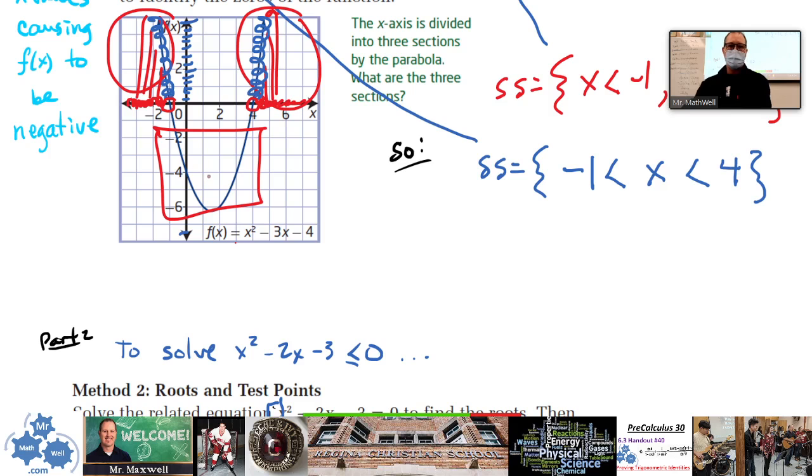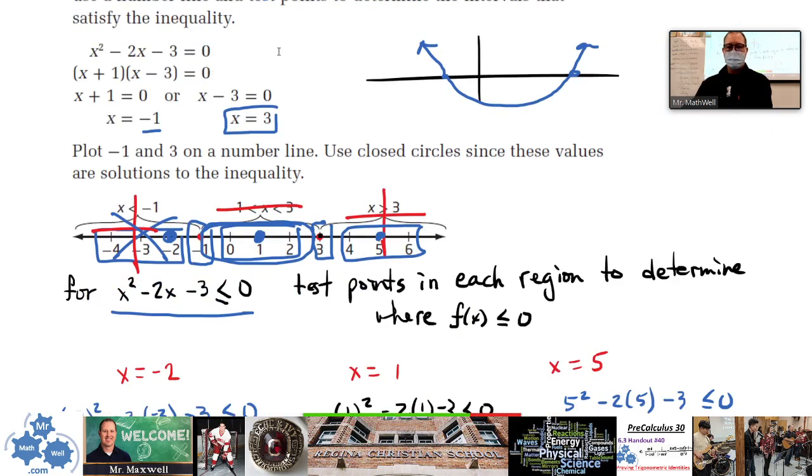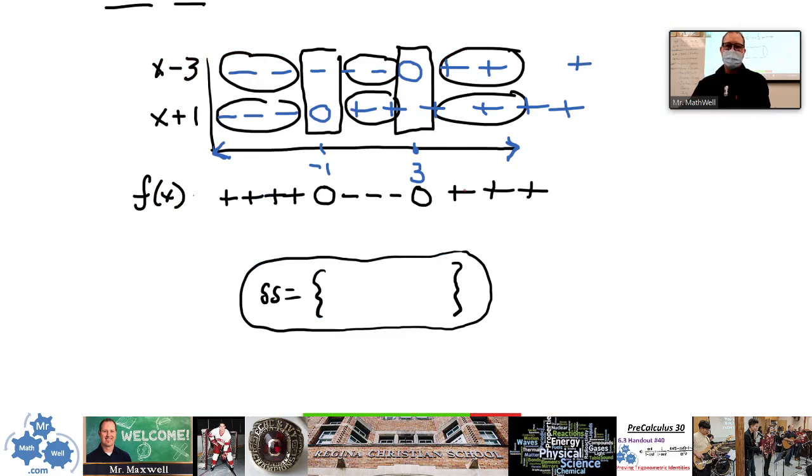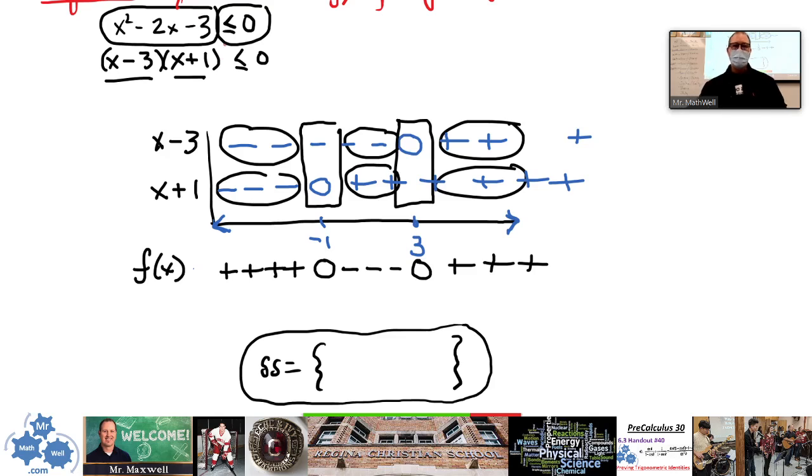So that's matching up on the sign analysis as well. So the solution set, where is it negative or 0? You're looking for the x values between and including negative 1 and 3. So we write that as negative 1 less than or equal to x less than or equal to 3.